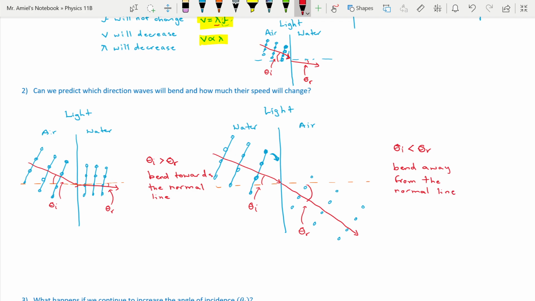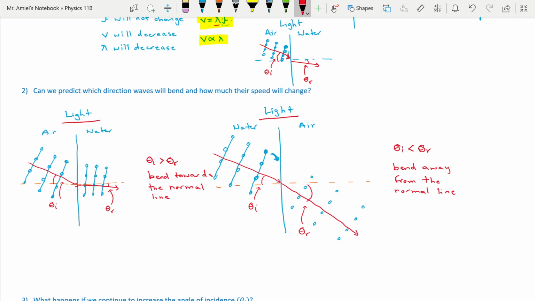Okay, so now we've got both of these situations where we're going from less dense to more dense medium, and from more dense to less dense, and we get some phenomena that are constant across all different types of waves. Whenever you're going from less dense to more dense, your angle of incidence is going to be bigger than your angle of refraction, and you're going to bend towards the normal line.